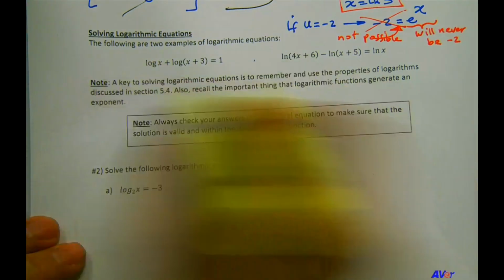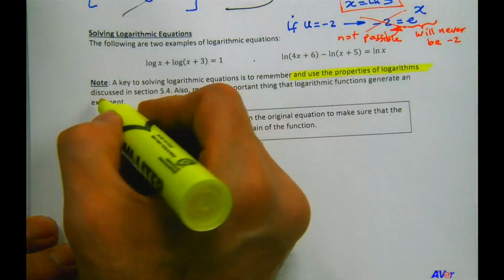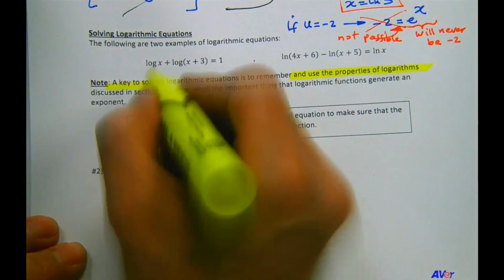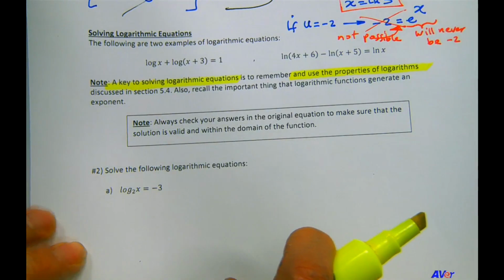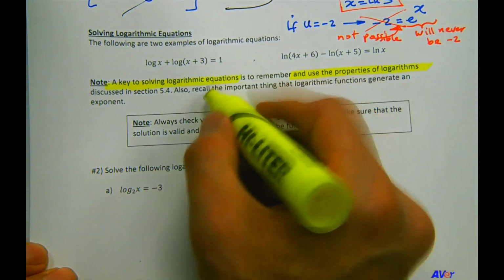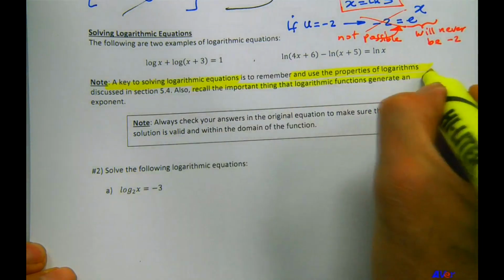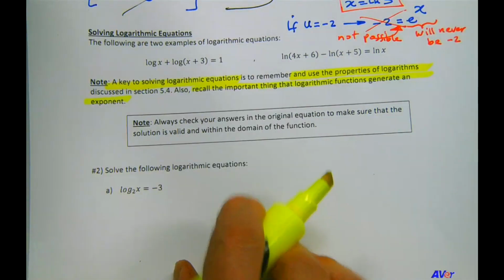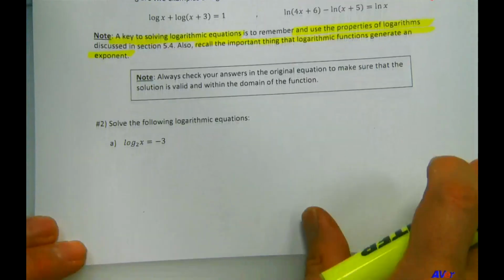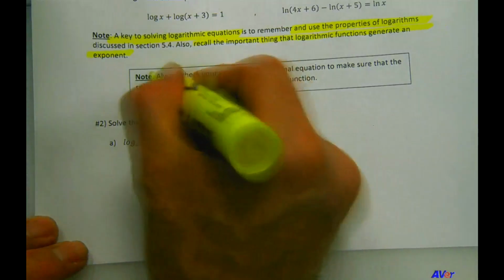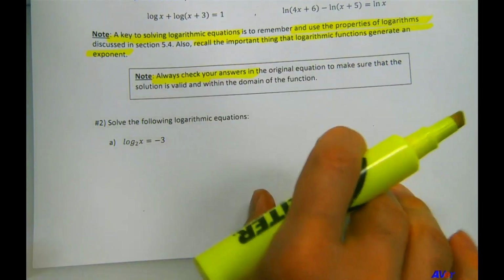I'm reminding you that you must use the properties of logarithms. That's a key to solving logarithmic equations. I'm also reminding you to recall the important thing that logarithmic functions generate an exponent. With these kinds of equations, we must always check our answers. Always check your answers with logarithmic equations.